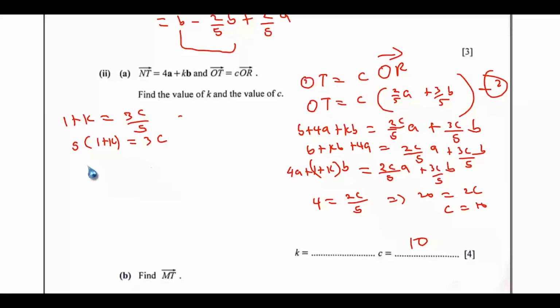So 5 into (1 plus K) equals 3 times 10, that will be 30. If I divide both sides by 5, I have 1 plus K equal to 6, as 5 goes into 30 6 times. Finally K will be equal to 6 minus 1, and the value of K will be 5. So K is equal to 5 and C is equal to 10.